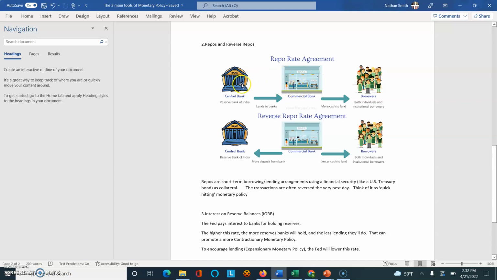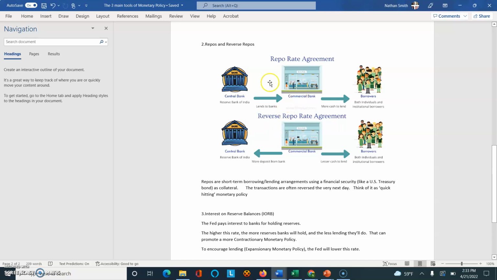Okay, so because now the central bank is lending to commercial banks, those banks in turn have more reserves, and they can then lend out more to borrowers, and that's going to increase the money supply. If the central bank wants to do something contractionary, the transaction goes in the exact opposite direction, and that's going to pull money out of the banking system.